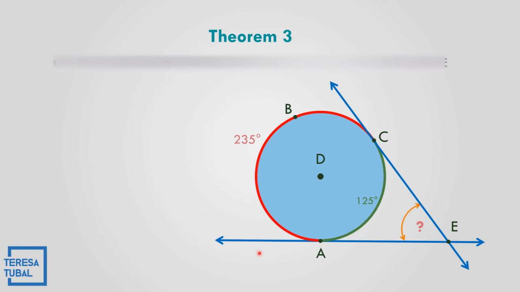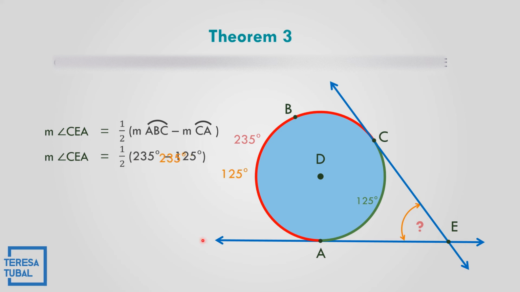If we apply, the measure of the arc ABC is equal to 235 degrees. The measure of the arc CA is equal to 125 degrees. Let us find the value of the angle CEA. CEA is unknown. So 1/2, copy, the measure of the angle CEA.